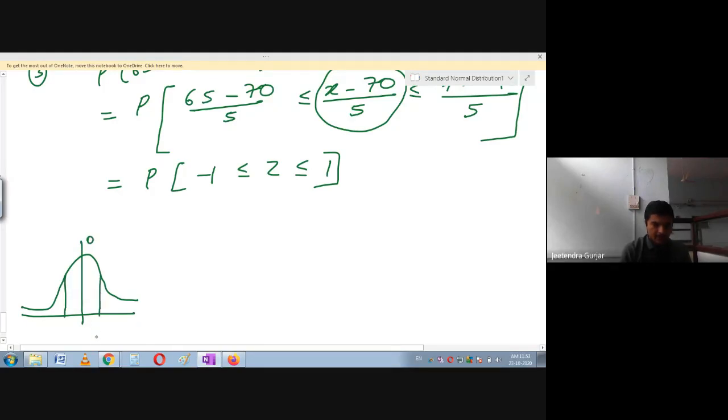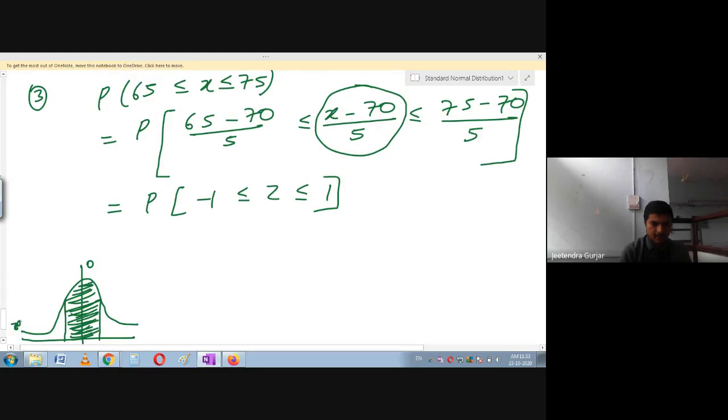So plus 1 and minus 1. This is our plus 1. This is our minus 1. In this area you have to calculate, students. So please remember this area you are going to calculate. So this is minus infinity to infinity. Okay, fine. So what will be this probability? That is probability of area from minus 1 to 1. Meaning this is the area.